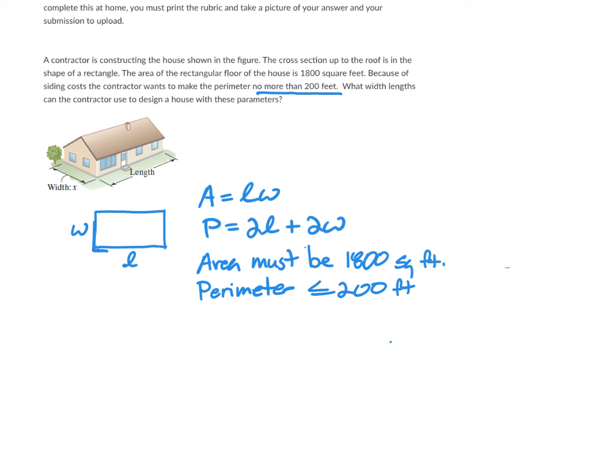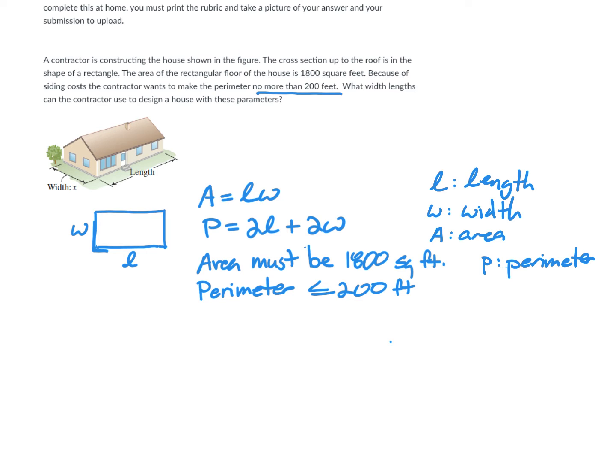So now we're going to solve. Well, actually, before I do that, I want to set up an equation, right? So I need to define my variables. So I have L as length. I have W as width. I have, this is my area. And of course my perimeter.